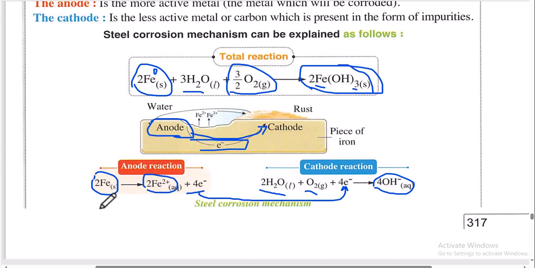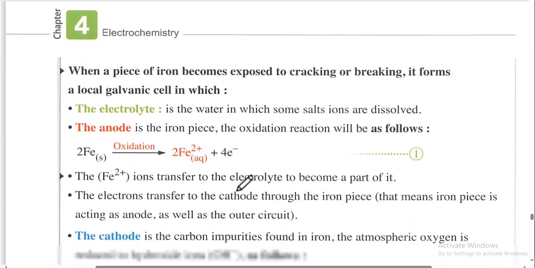So the reaction of the anode is the oxidation of iron into iron positive 2, or ferrous, and the reaction of the cathode takes the 4 electrons from the oxidation process in the anode, with 2 molecules of water and 2 atoms of oxygen in the form of gas, to form 4 hydroxide ions. So in this case, the anode is the iron piece, and the electrolyte here is water, in which some salt ions are dissolved.